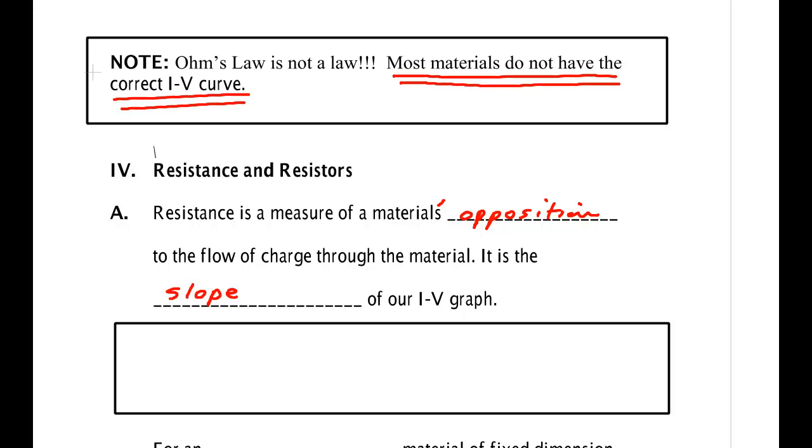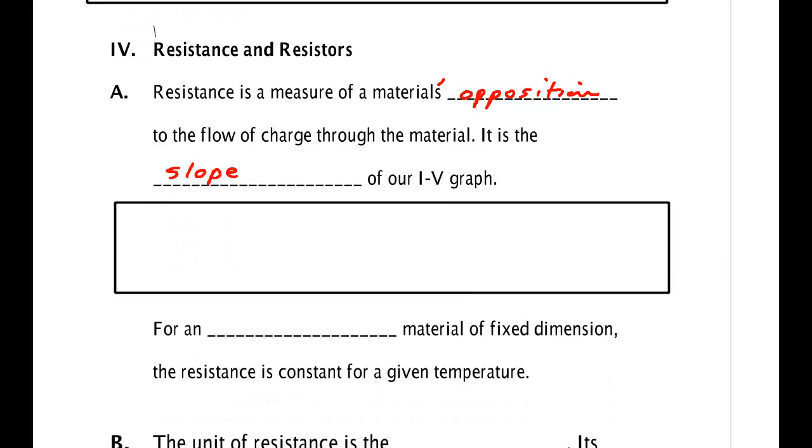So, in general, the material can actually be thought of as having a dynamic resistance. You could think of R as equal to delta V over delta I, which is simply the slope of the graph.